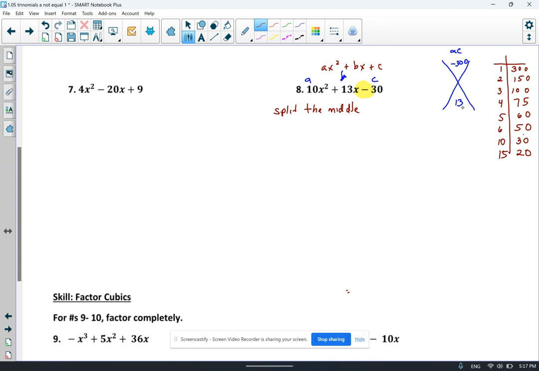And since we want a positive 13, the signs have to be different. So the larger number has to be positive and the smaller number has to be negative. And I don't think I got them all because I need to find something that sums to 13. So let me get my calculator because I think I missed something.